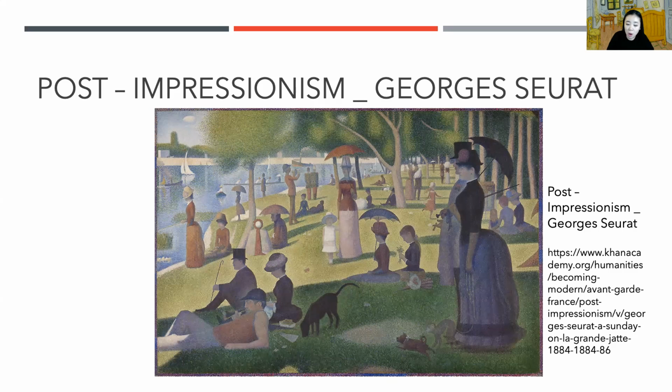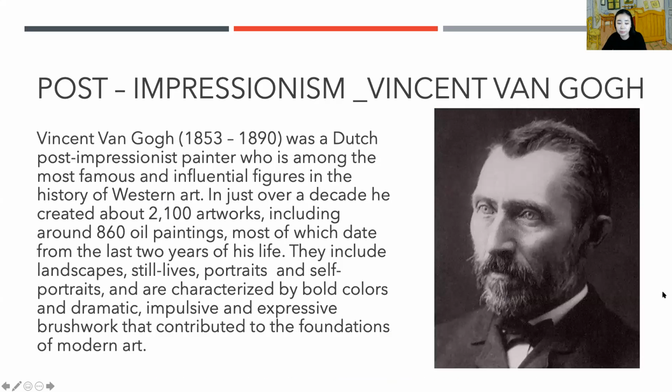He used optical color mixture. For example, to make a green color, he used yellow dots and blue dots. And when lots of color dots are put together, they create new colors in our eyes.